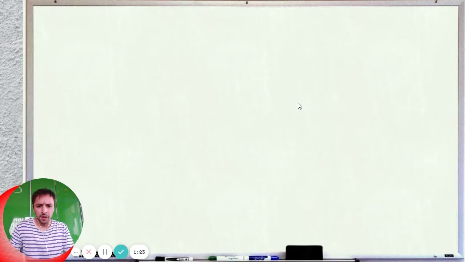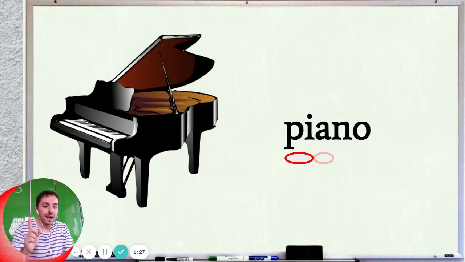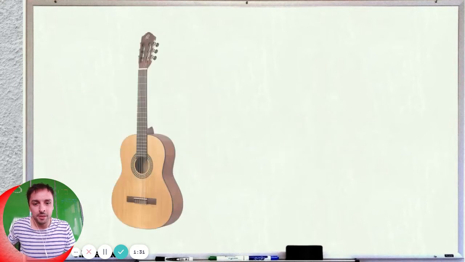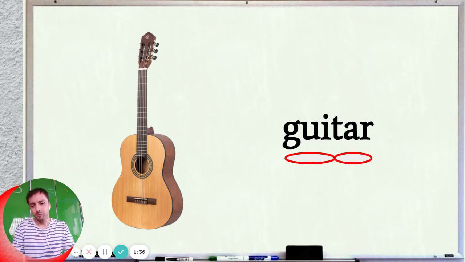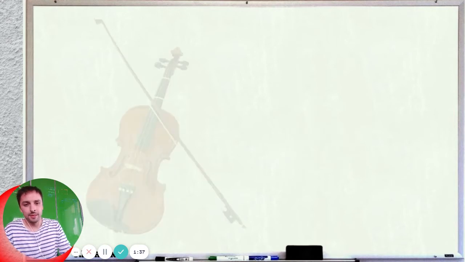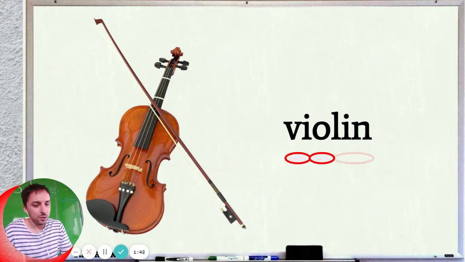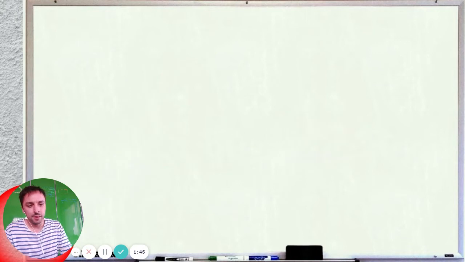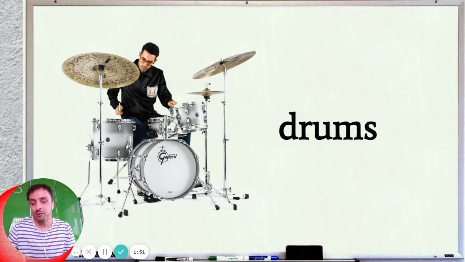Okay, so first we have your piano. Next up, we have the guitar. Guitar. 2 sounds. Next up, we have your violin. Violin. 3 sounds. Next up, we have your drums.